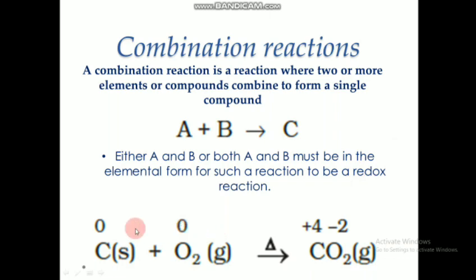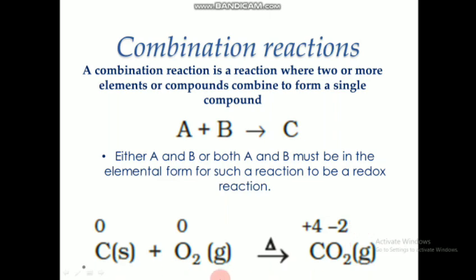And elemental form, they have 0 oxidation state, and when combining, carbon will be in plus 4 oxidation state. As oxygen is more electronegative, it will have a charge of minus 2. So 0 to plus 4 increase in oxidation number, hence it is oxidation, and oxygen 0 to minus 2 it's a reduction as it is decrease in oxidation number.